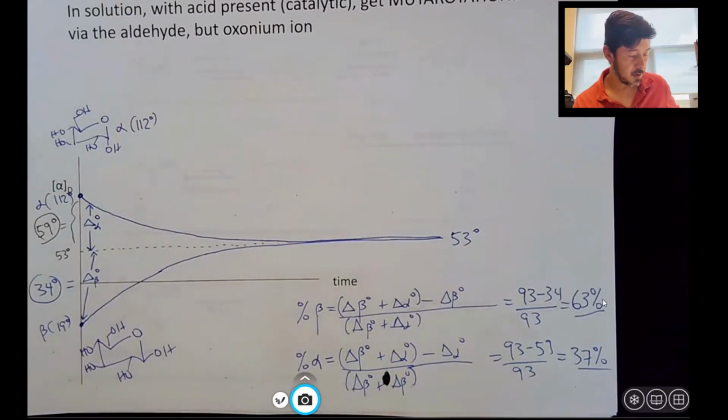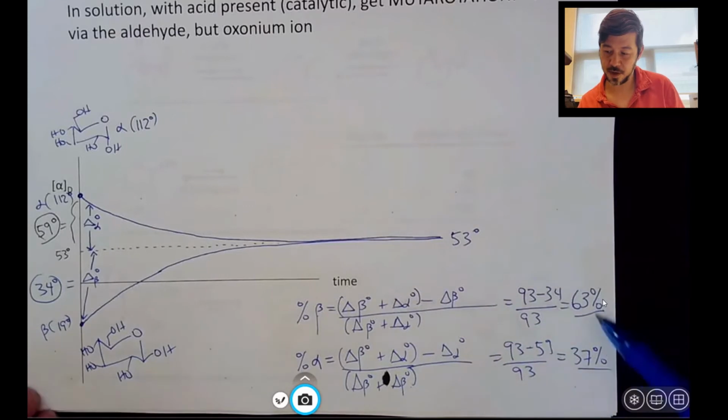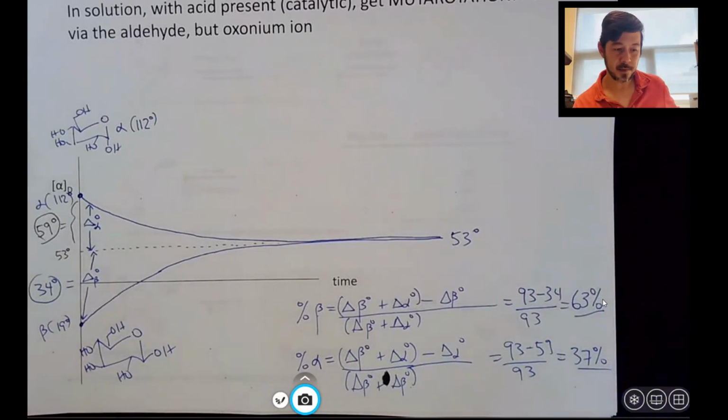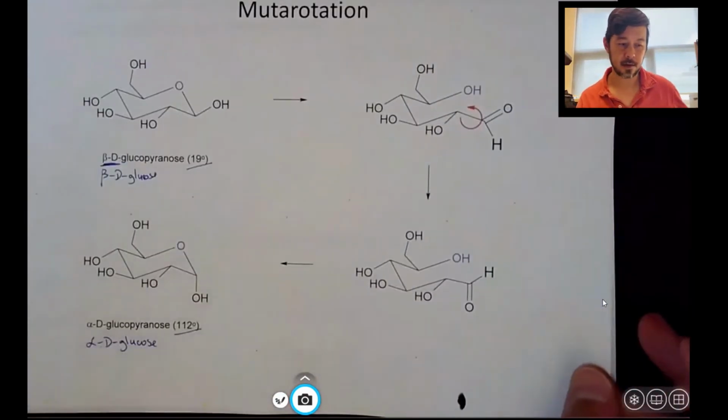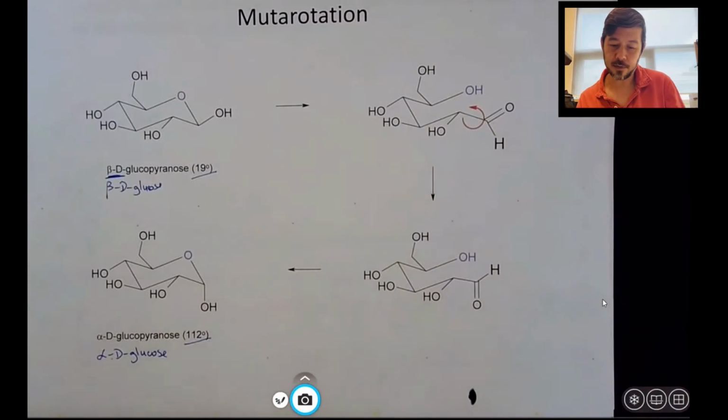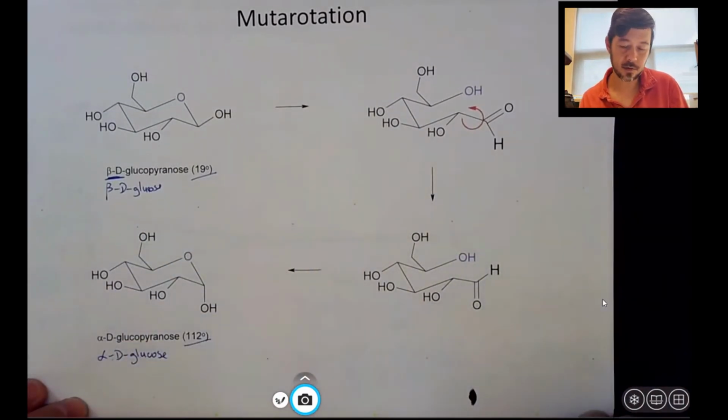Okay, so before we talk about these percentages and what was predicted, let's go back to this mutarotation slide and try to understand mechanistically what happens in the environment. So how do we go from beta D-glucose to alpha D-glucose?